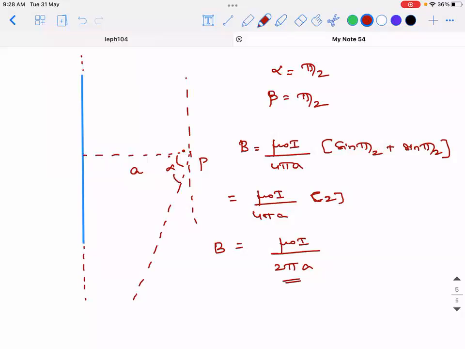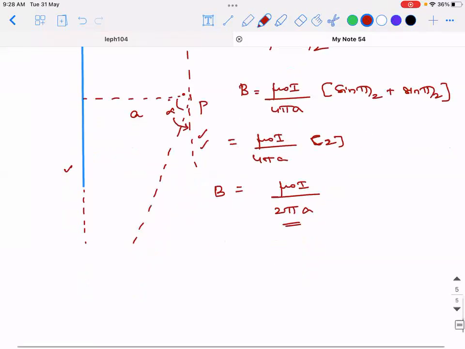It will go in this direction and it will become pi by 2. So the dotted lines from P and the conductor itself will become parallel to each other. When they become parallel to each other, alpha will become pi by 2. Clear? Okay, this is a simple thing.